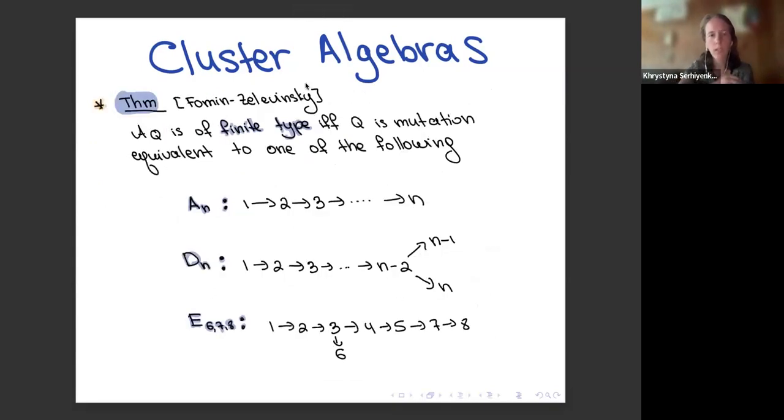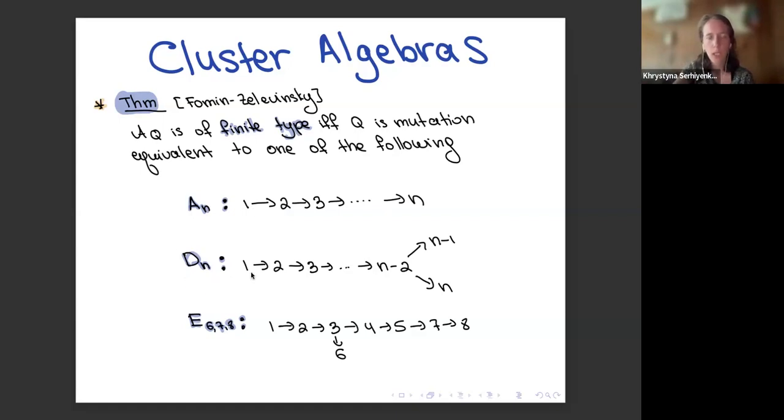Okay, so Fomin and Zelevinsky, I think in their second paper, showed that A_Q is of finite type, so only finitely many cluster variables, if and only if the quiver Q is mutation equivalent to one of the following. You're either mutation equivalent to this A_n quiver, which is the nicest case: just n vertices and all the arrows go in one direction.